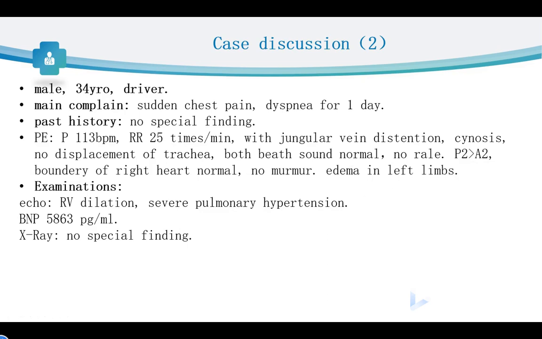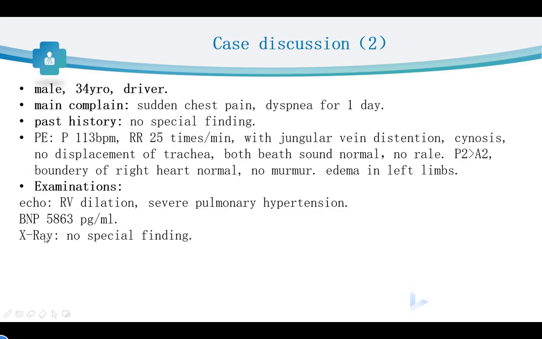Does it suggest a right heart failure or other disease? Okay, let's look at the auxiliary examinations. During the echocardiography, we can find the dilation of the right ventricle and severe pulmonary hypertension. The BNP also increased significantly.